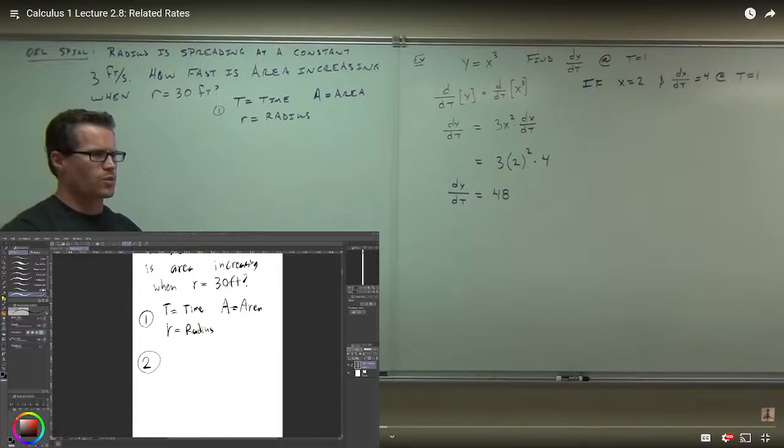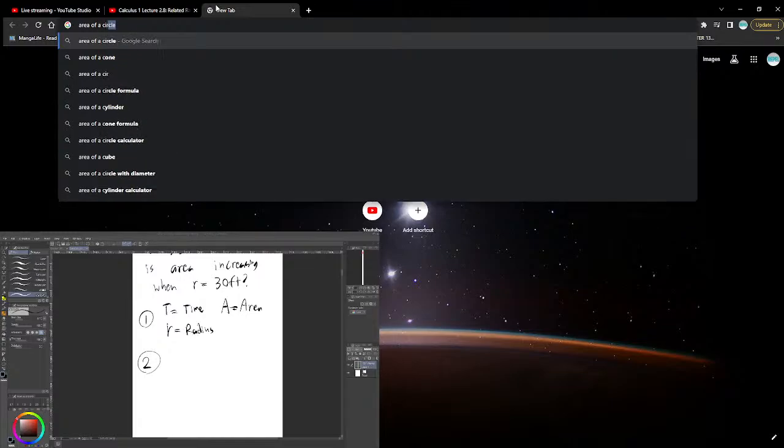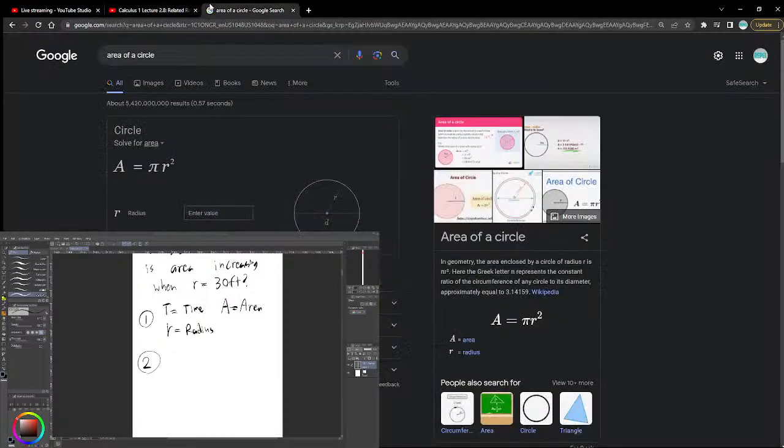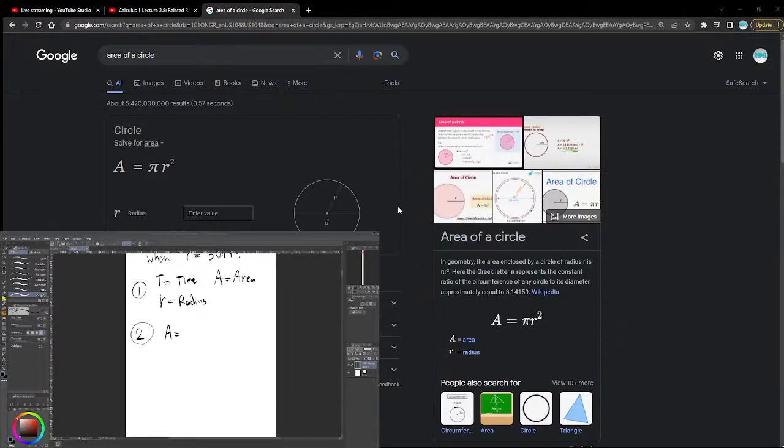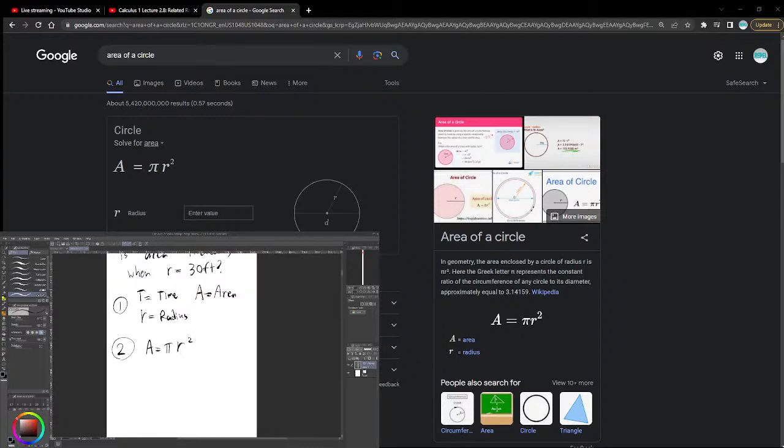Okay, that's why. Wait, is this area equals pi r squared?